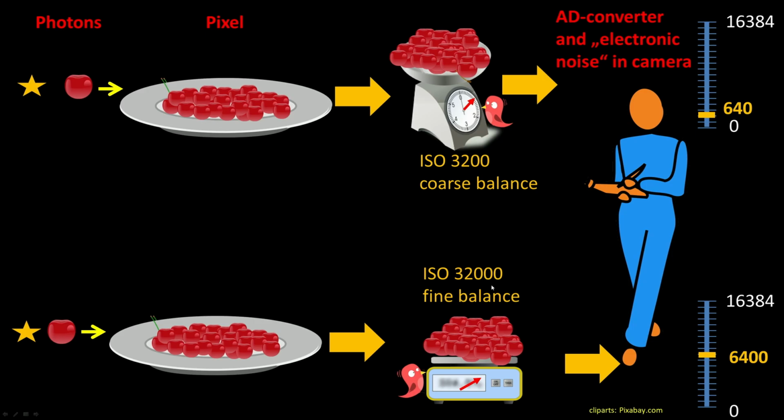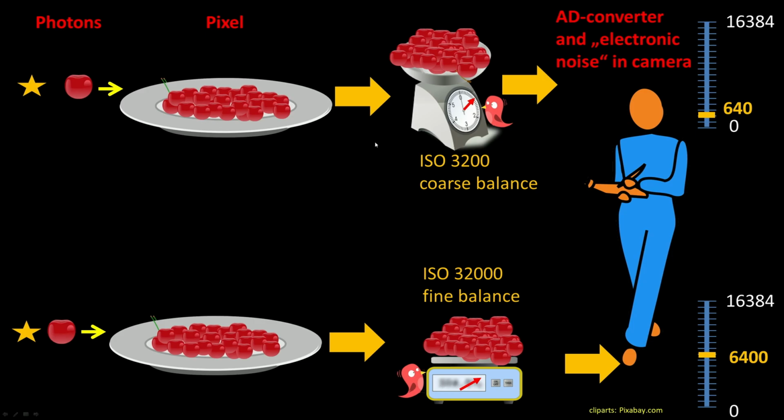So higher ISO would be better, but not always, because it's not just a pretty world here. You also have other influences on the image, for example readout noise and thermal noise and so on. I showed them here as a little bird which ticks on the balance.